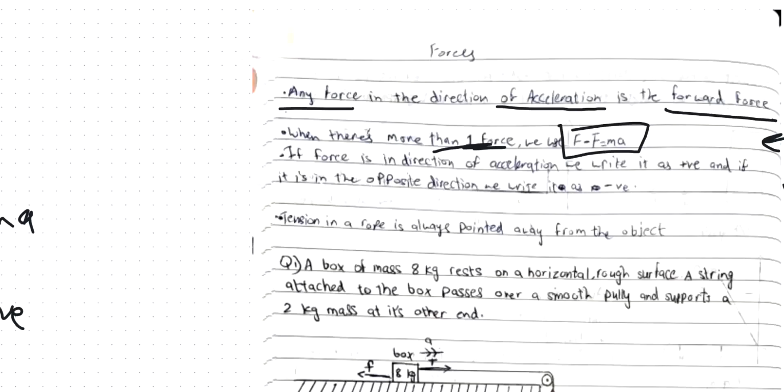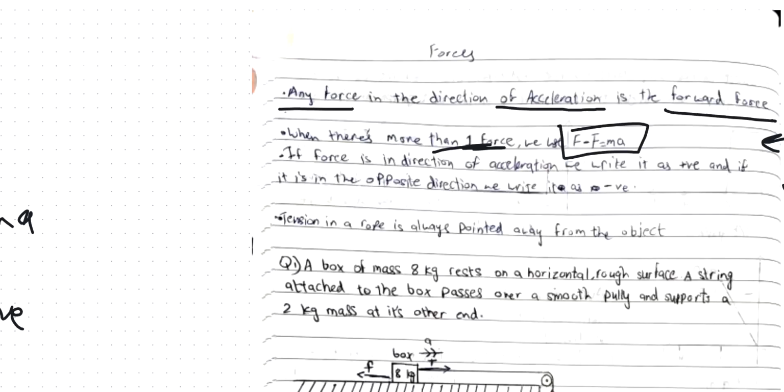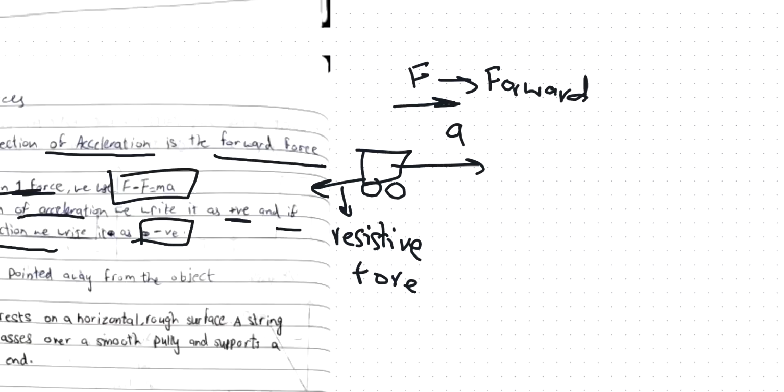So if a force is in the direction of acceleration, we write it as positive, and if it is in the opposite direction, we write it as negative. So remember, I told you forces have direction as well. In this case, the resistive force would be negative, and my forward force, in the right direction, would be positive.